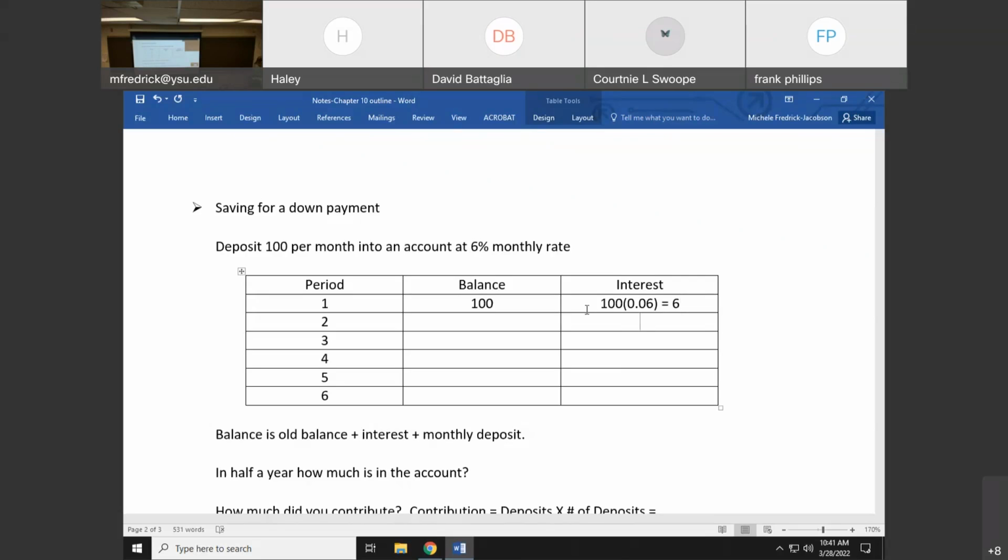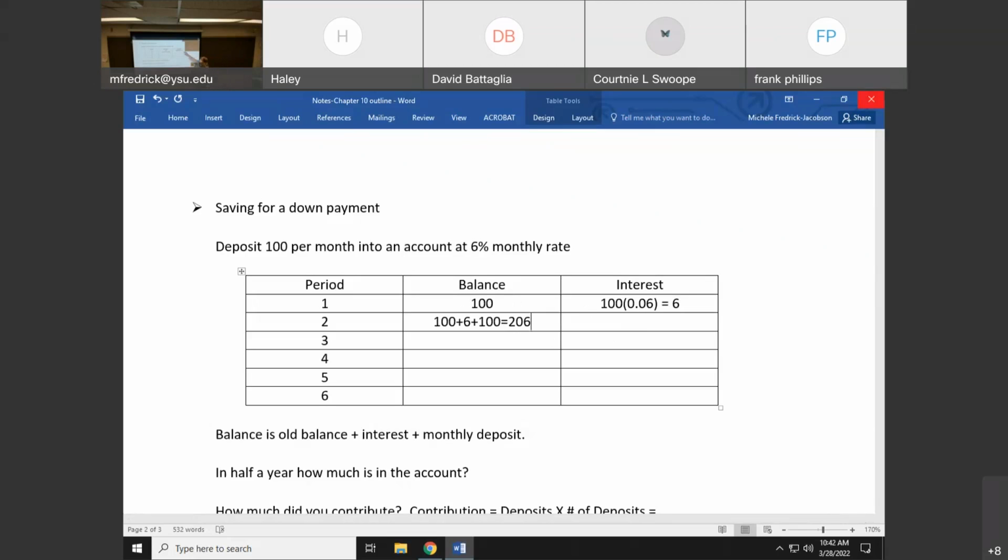Now this one says you're depositing $100 a month into an account that pays 6% a month. So for our next balance, we have the $100 that was in there, plus the 6% interest, and a $100 deposit. We have $206 that we're going to make interest on.